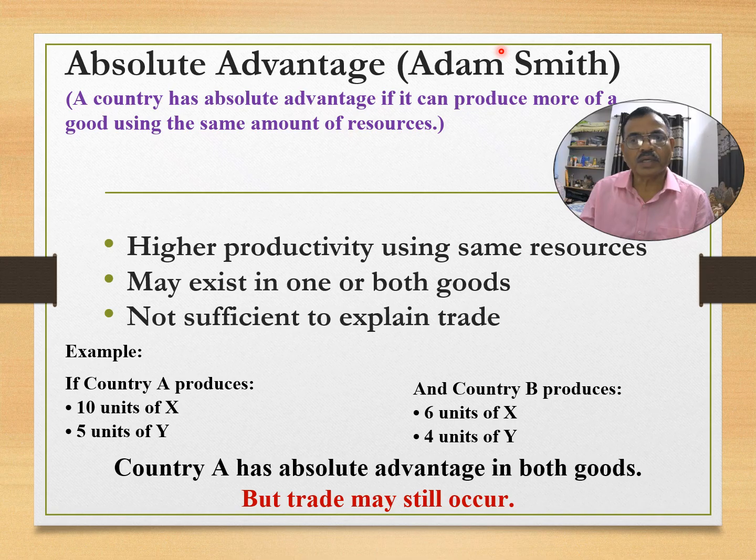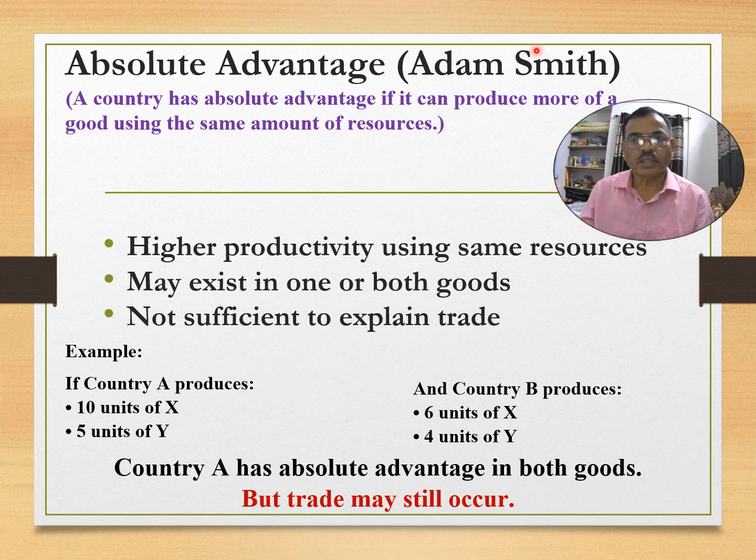For example, if country A produces 10 units of cloth, while country B can produce only 6 units of it using the same labor, then country A has absolute advantage in cloth.